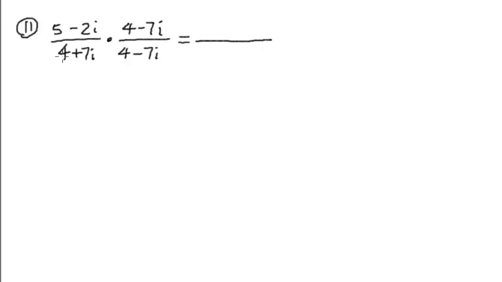When I multiply this out, I get 16 plus 49. And foiling this out, I get a bunch of terms here.